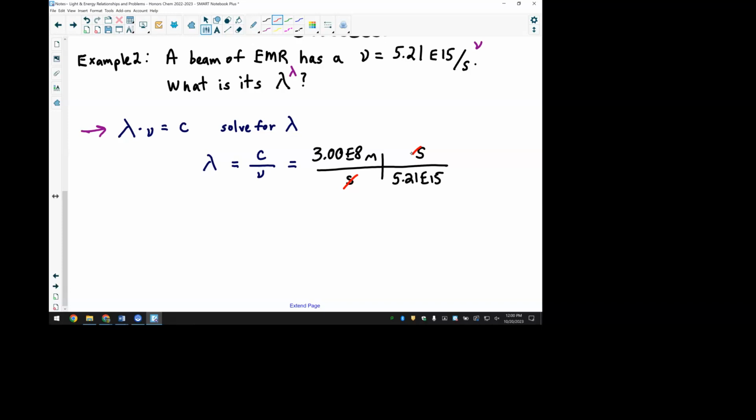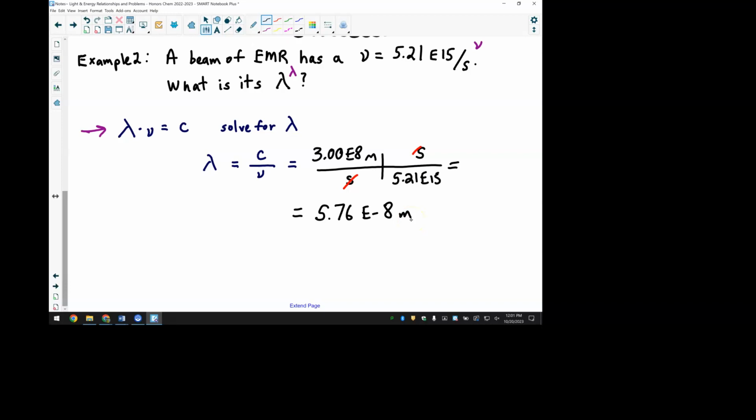Okay? And so, does anybody have the numerical answer for me with their calculator? Nice and loud. Anybody? Hopefully, in your calculator, you found that this is, and I'm going to just round to the 3 sig figs now, 5.76 times 10 to the negative 8th meters.